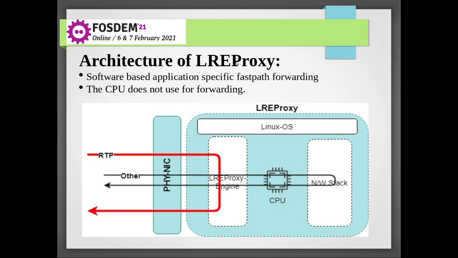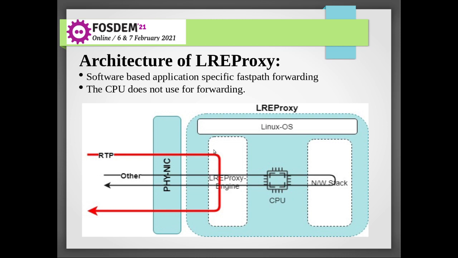Architecture of LREProxy. In this picture, you could see the LREProxy engine that is registered in the Linux kernel. After an RTP packet is received by LREProxy, based on its properties the index destination is calculated, so it can get access to SDP information on the other endpoint in the session.